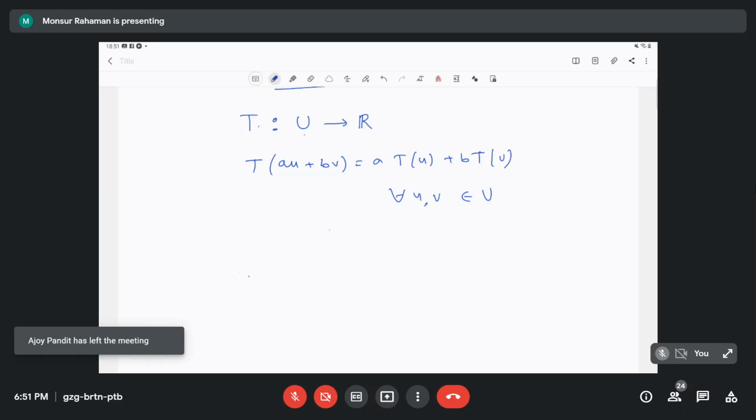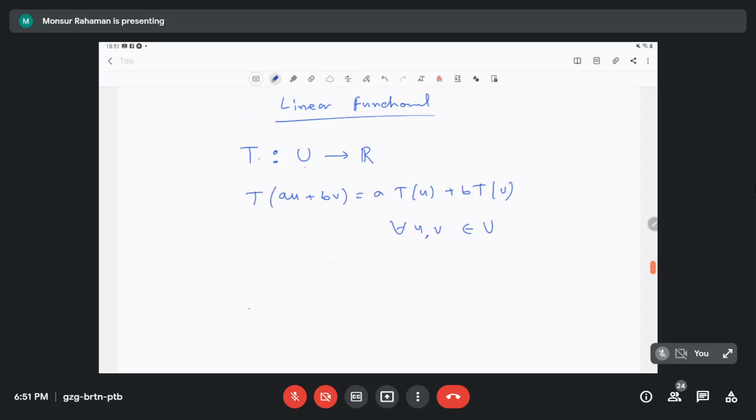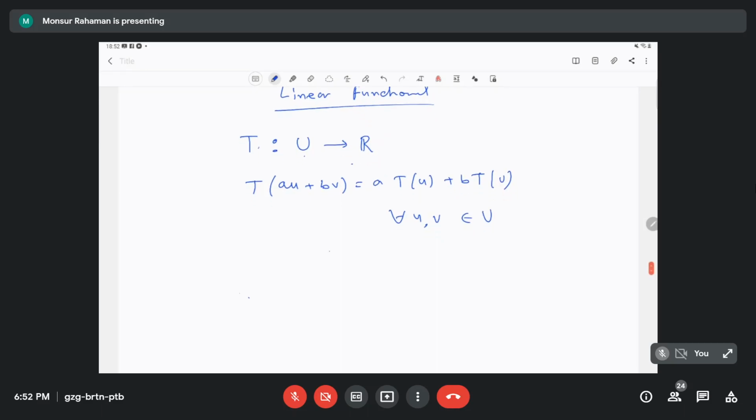I have just changed this arbitrary vector space to the field, because it is also a vector space. The same definition applies. So this is a linear functional when the second vector space is a field. It's a one-dimensional vector space, you can say. This is a linear functional.